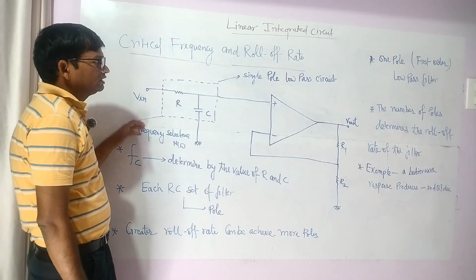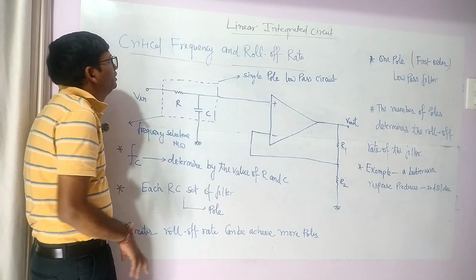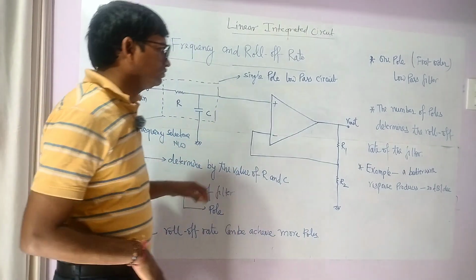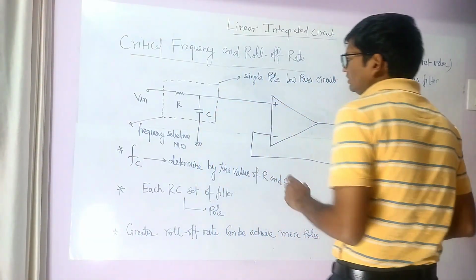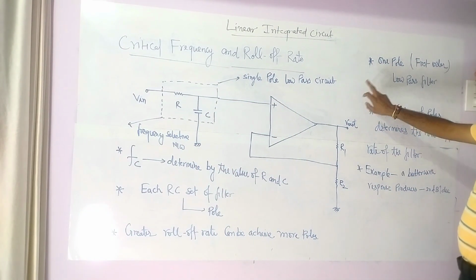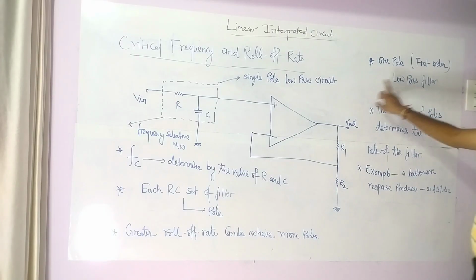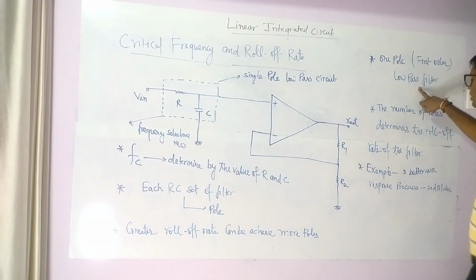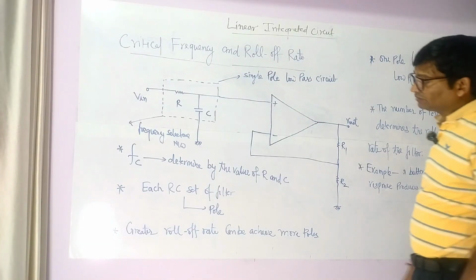Suppose that we want to find the roll-off rate and critical frequency. How can we determine this critical frequency and roll-off rate? Suppose that a single pole is given. It means this is called first order.